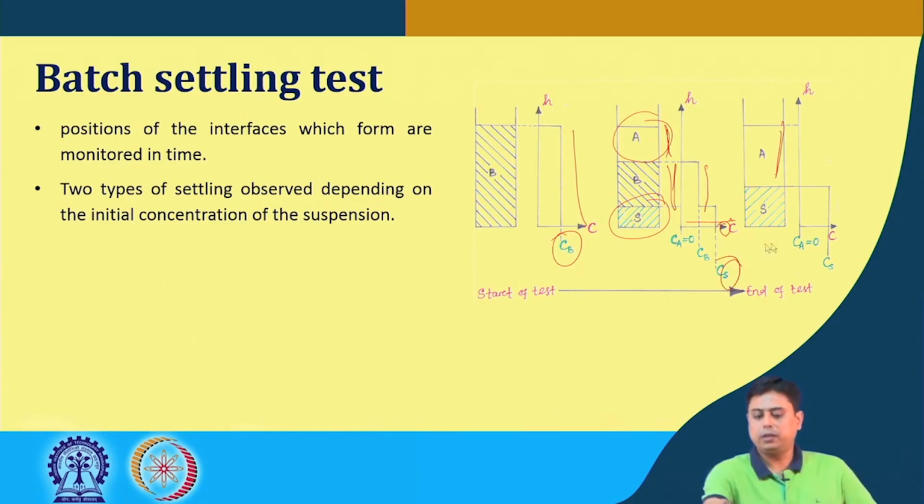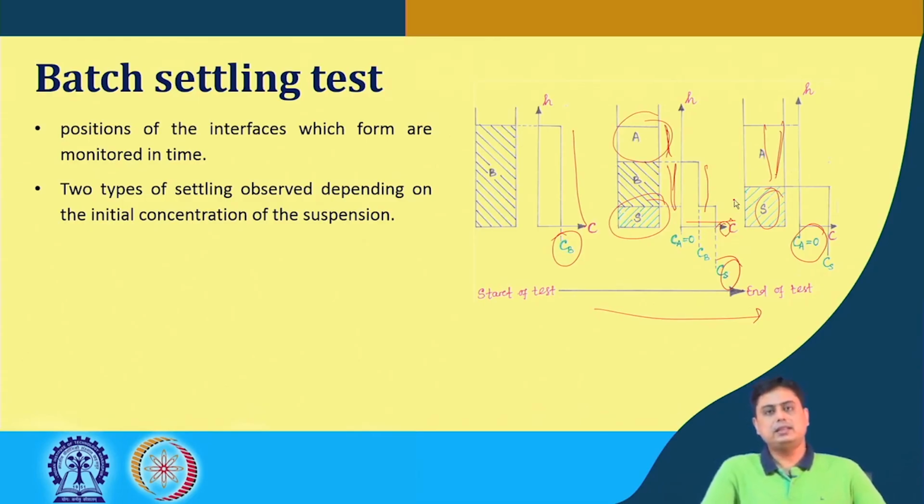If you keep it for a longer time, at the end of the experiment you would have a solids concentration of 0 in zone A, and here you have a certain concentration of the sediment, that is the final sedimentation concentration. Let us say this is type 1 of the settling phenomena in a batch settling test.